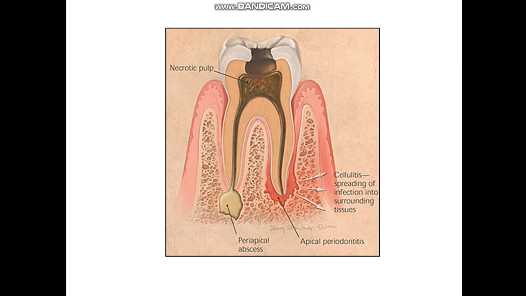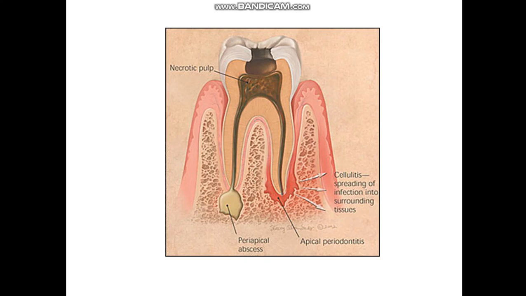But the bacteria reach the dental pulp in this condition from the periodontal lymphatic channels. So pulp necrosis either could be of bacterial origin in case of carious lesion or pulp exposure, or could be of non-bacterial origin, as in case of the exposure of the pulp to thermal or physical or chemical trauma.